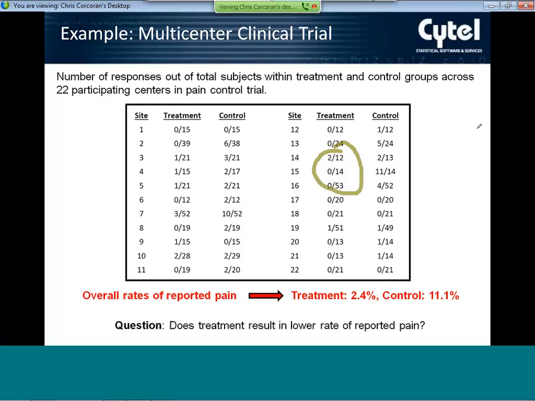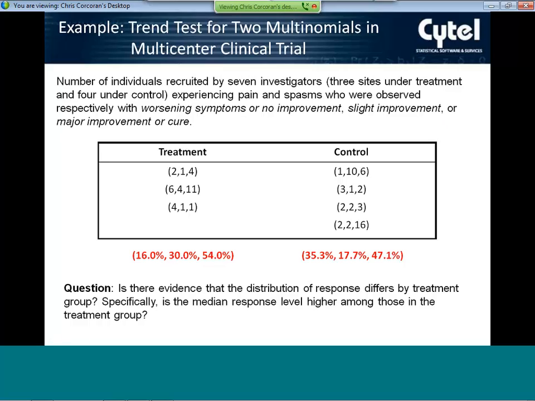Okay, so going to the next example. Now here, as opposed to comparing binomials, so in other words, different treatment groups where the outcome was either pain or no pain or rejection or no rejection, here we have an outcome that actually has 3 levels.